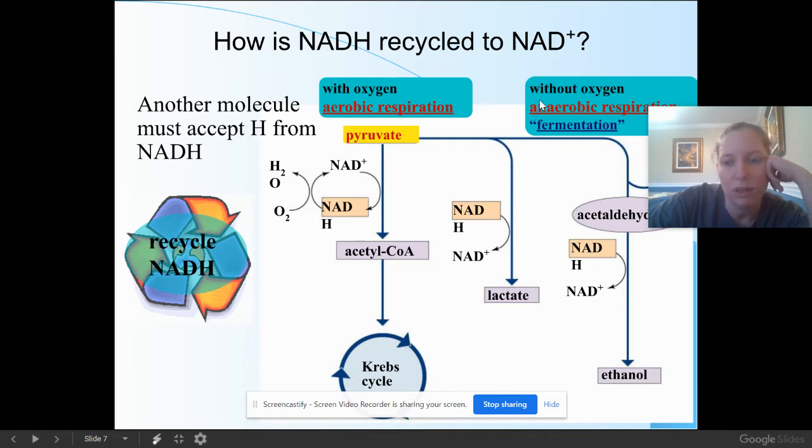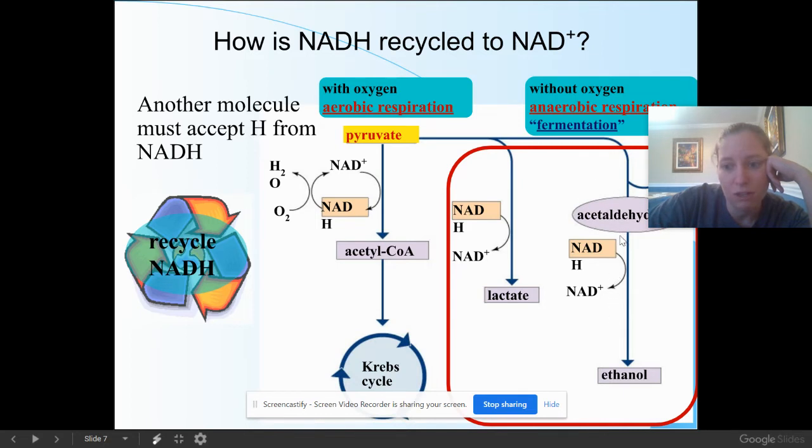If we don't have oxygen, then we have to do fermentation, and depending on what organism you are, you're either going to take that pyruvate and form lactate, and in that process we're adding hydrogens back to the pyruvate molecule, so we oxidize the NADH and we remake NAD plus.